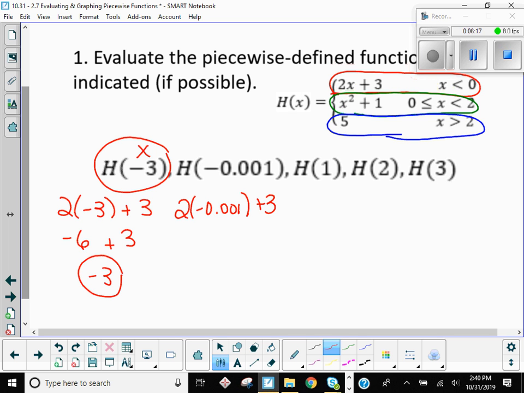Take a minute on your little baby calculators. Tap, tap. I should hear tapping on the calculators while you figure out what that math is.